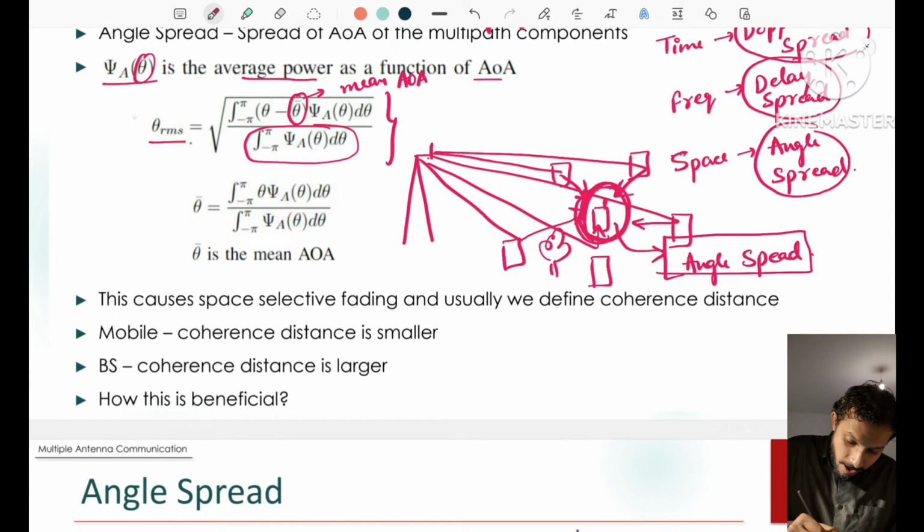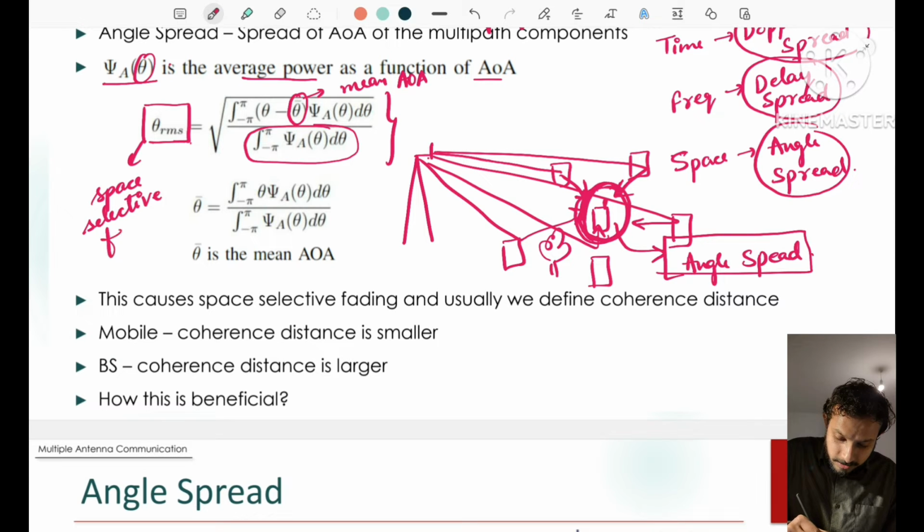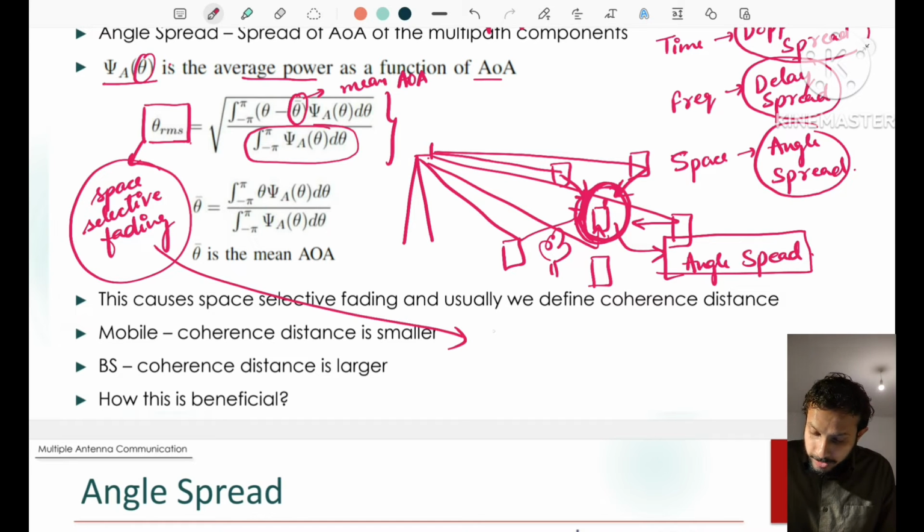And this theta RMS causes space selective fading. And for this we usually define coherence distance.